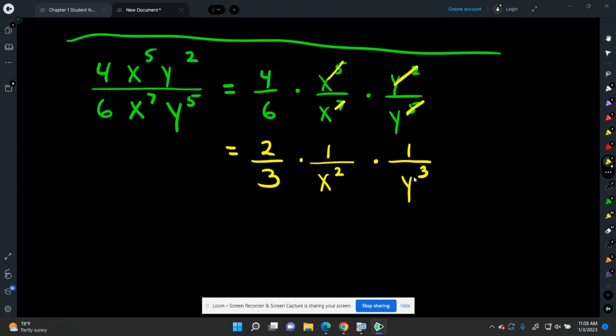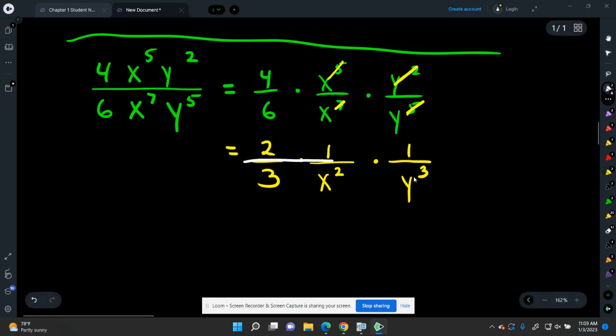Now we're multiplying fractions. When you multiply fractions, you just go straight across. 2 times 1 is 2. 3 times x squared times y to the 3rd.